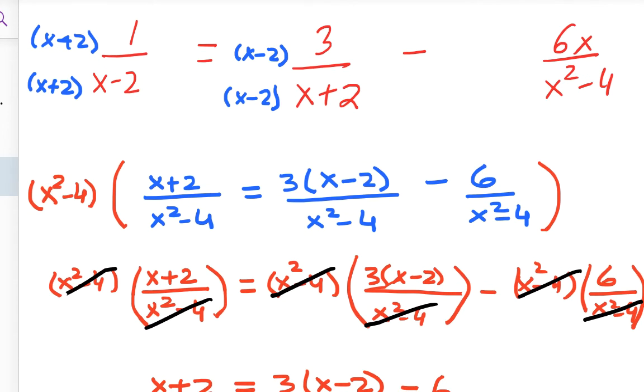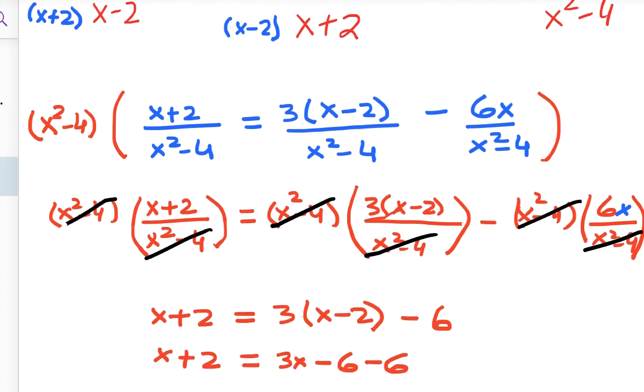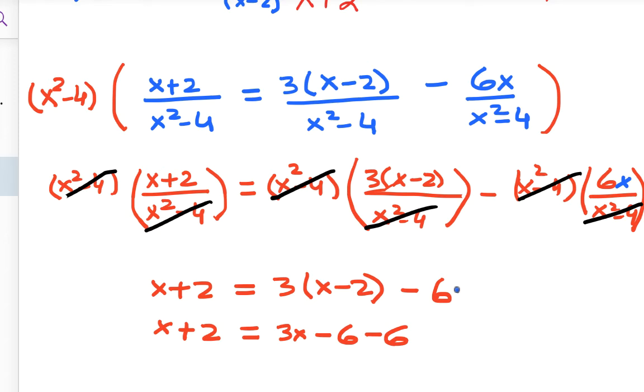Oh, sorry guys, I forgot to carry the 6. So let me write this one down. This was 6x and 6x. There was a little mistake, but that's okay. So let's get this 6x, which I had forgotten to carry. Now we have it right.